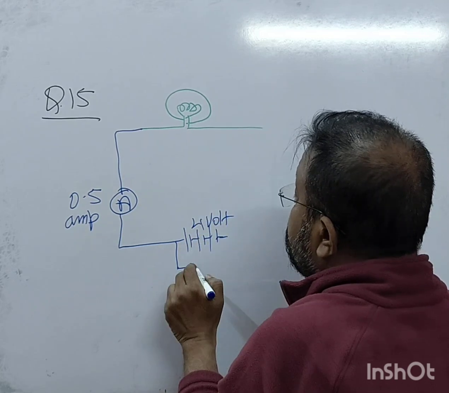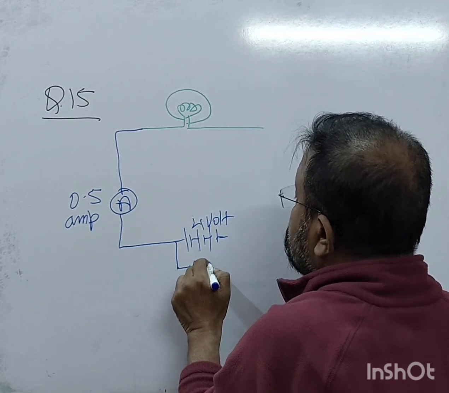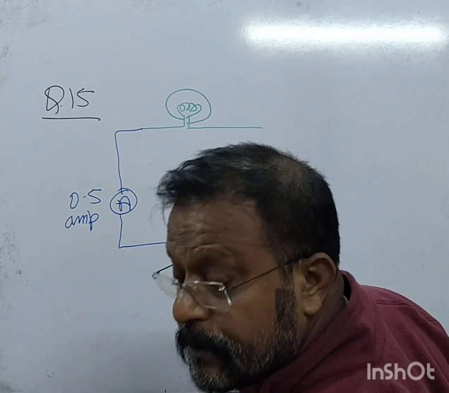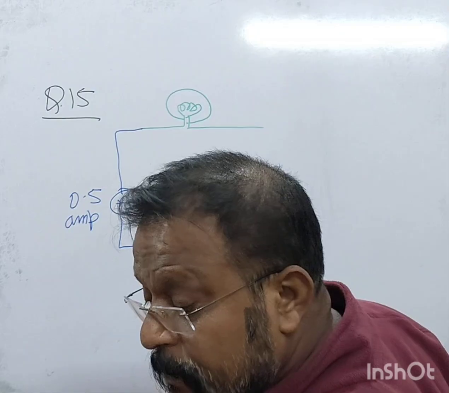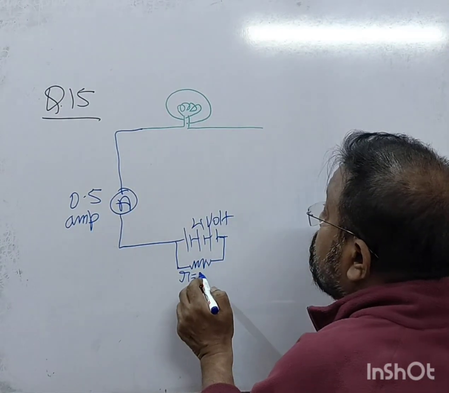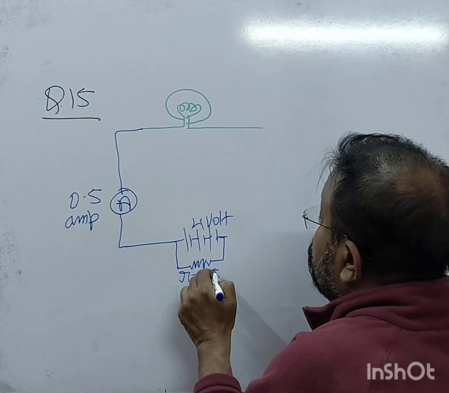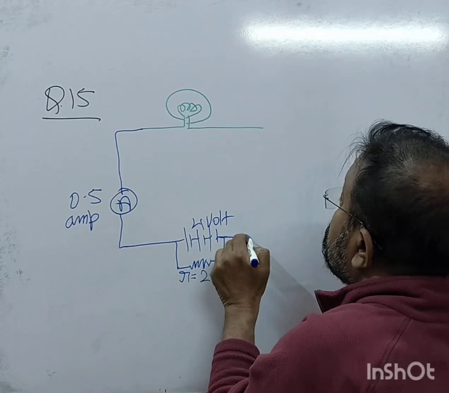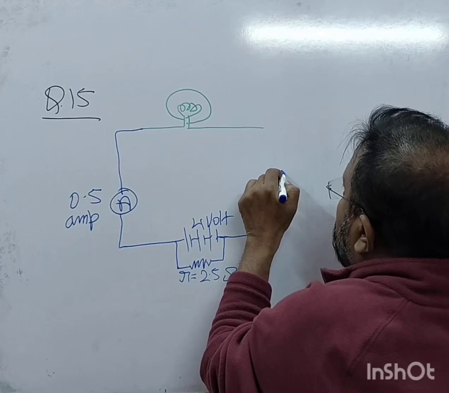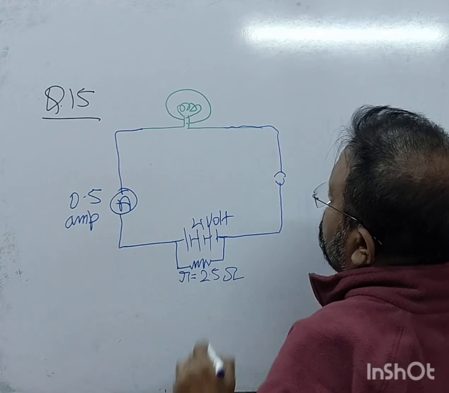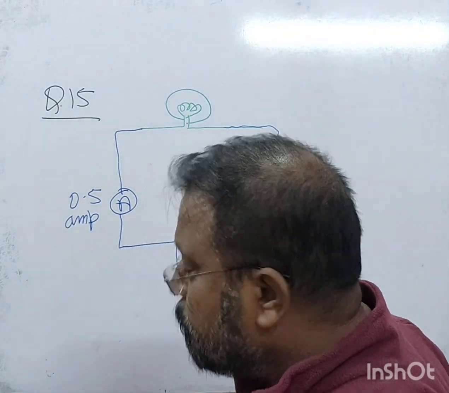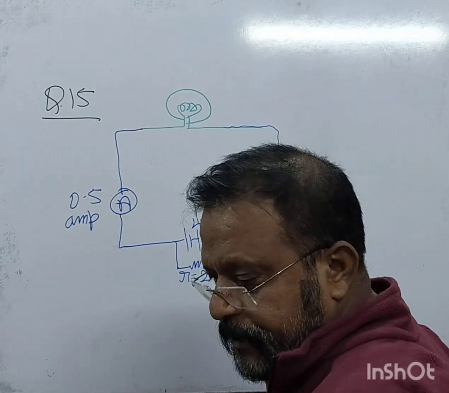Internal resistance, small r, is 2.5 ohm. This is the key, and the circuit is completed. Now it is asking for the energy supplied in 10 minutes.